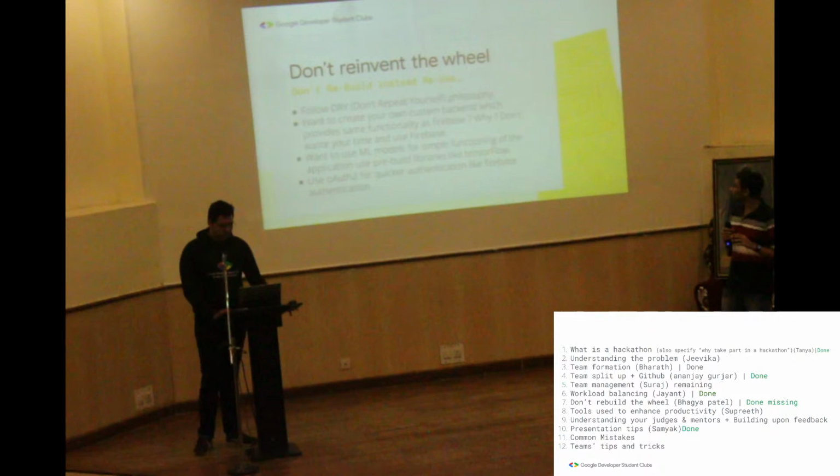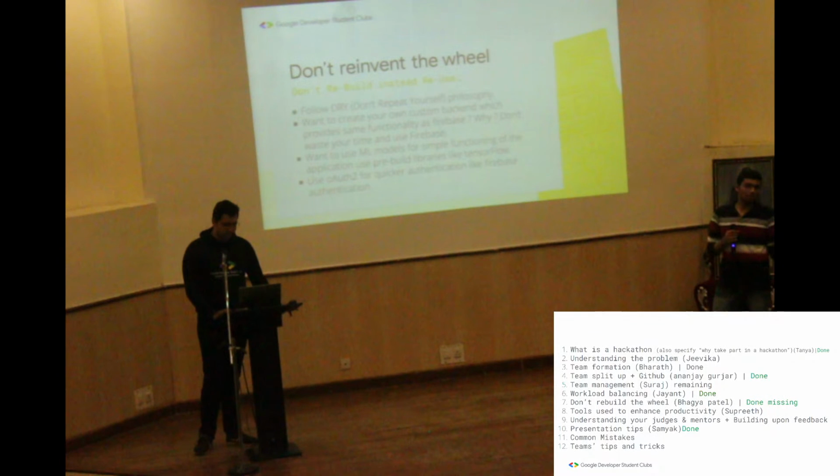For example, if you want to create your own custom backend, but the same functionality is provided by Firebase, you don't want to waste your time creating your own custom backend. Use Firebase and move on. For other examples, you want to insert some ML models in your project, and your track is not AI/ML, so you don't want to create and train your own model by giving some dummy data.